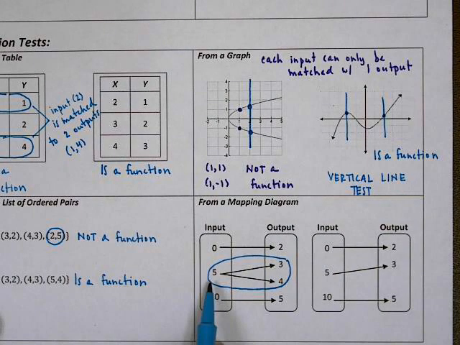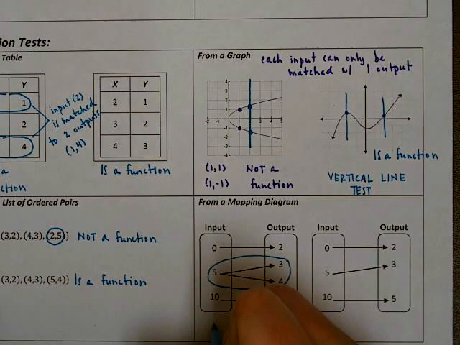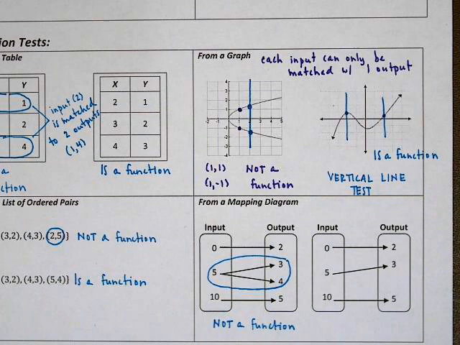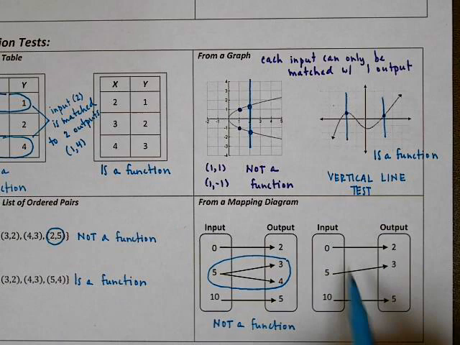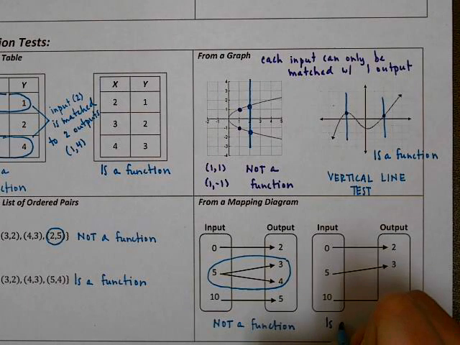This tells me that the input of 5 actually has two outputs, so I know this is not a function. Now here I can see each input is only mapped to one unique output, so this is a function.